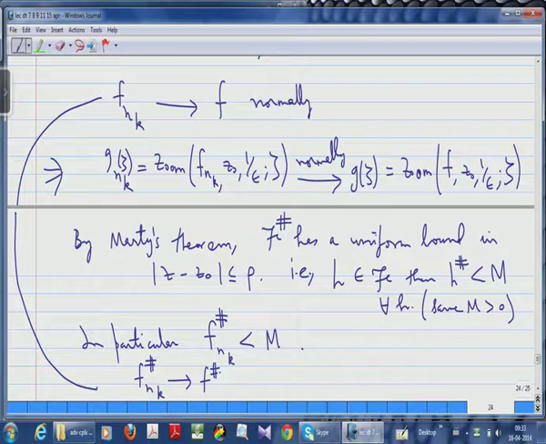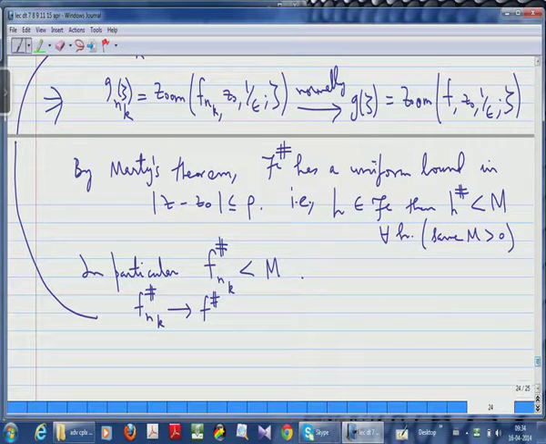And by the same token, if I do it to the g_{n_k} case, the spherical derivatives of the g_{n_k} will go to the spherical derivative of g.